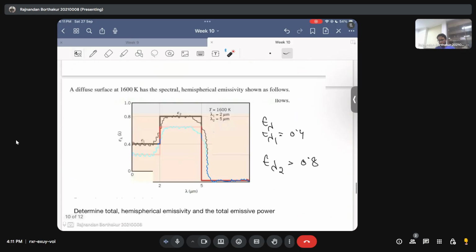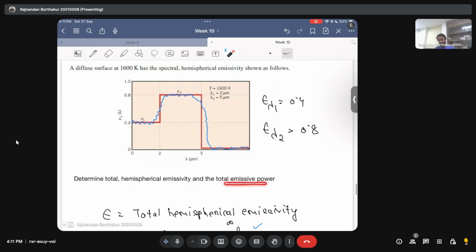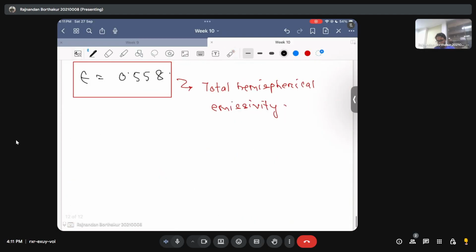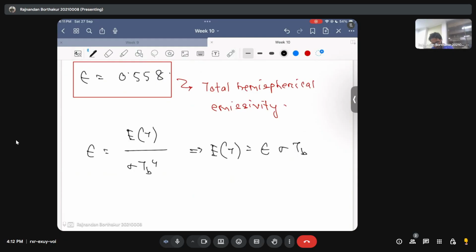All right, the second thing that we need to evaluate is the emissive power, and that is now very easy because the total hemispherical emissive power can be written as the total emissivity times sigma times T raised to the power 4.